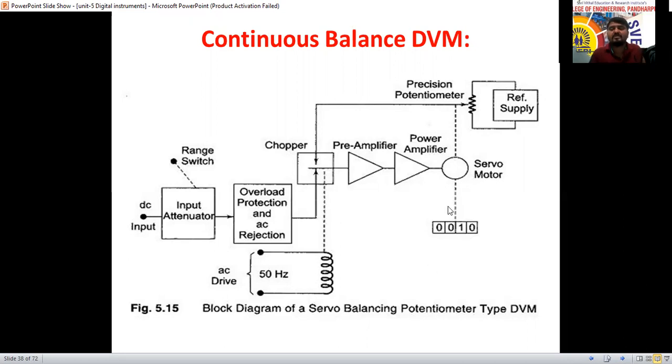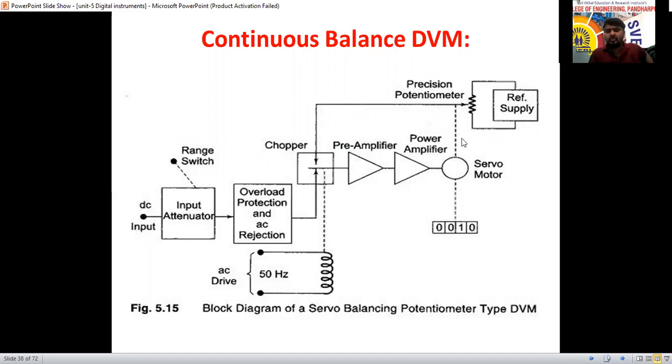So the continuous balance continuously gives the reading. Whatever the difference is, the precision potentiometer adjusts and makes the balance, so that the servo motor should not display the value any further. Whatever the input voltage is, that is the output, that is the reference voltage.